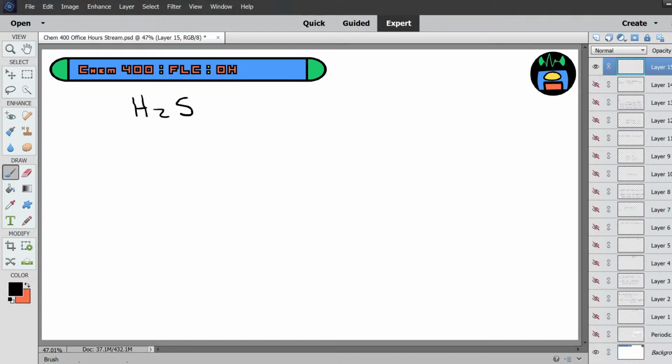And so we have the reaction between sulfuric acid and sodium hydroxide. And the products of this reaction, so this is an acid-base neutralization, are going to be water and a salt.